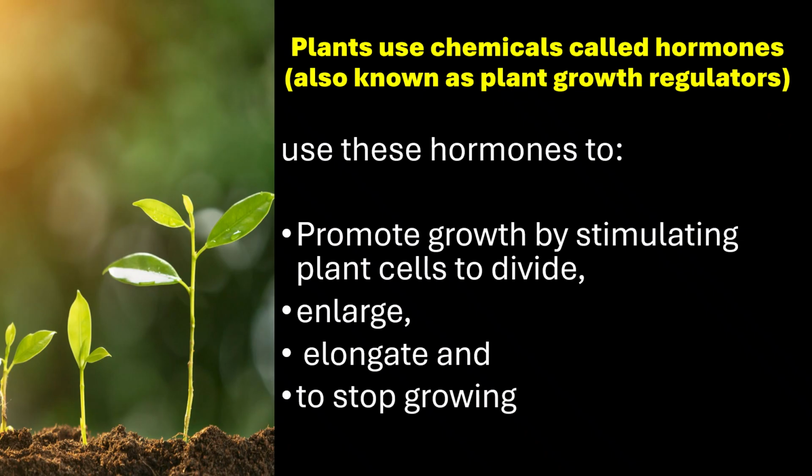And this is very important. Now, lastly, plants also use their hormones to stop growing. So it reaches a point the plant will no longer grow again. It suddenly stops growing, and this is happening in response to changes within the environment.